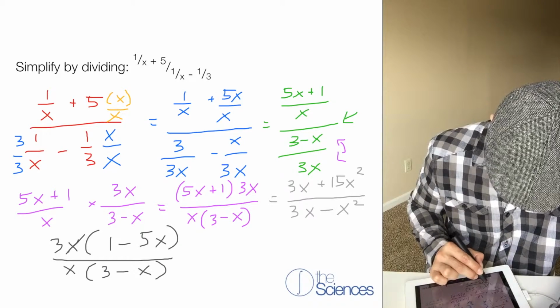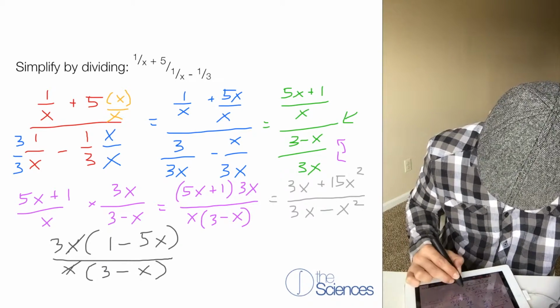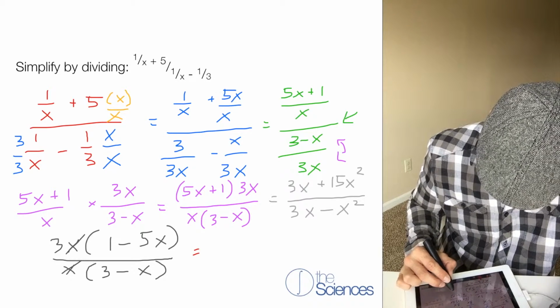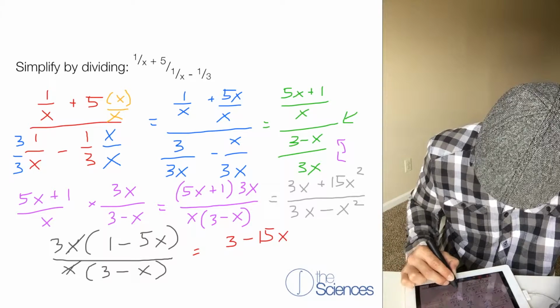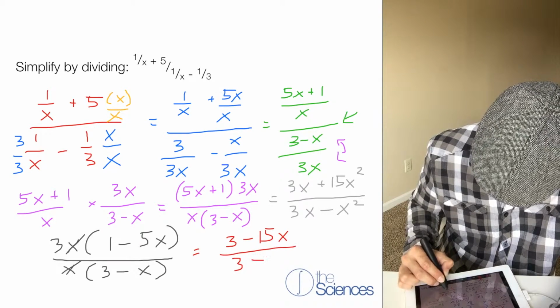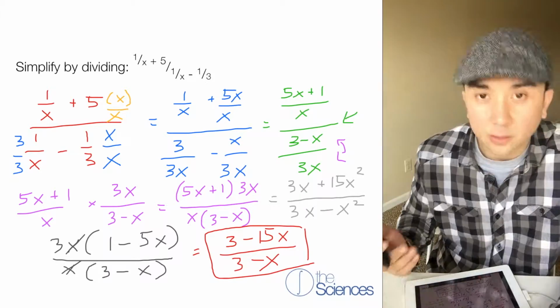Now we can cancel out these like terms, which then gives us 3 plus 15x over 3 minus x. So that's our answer.